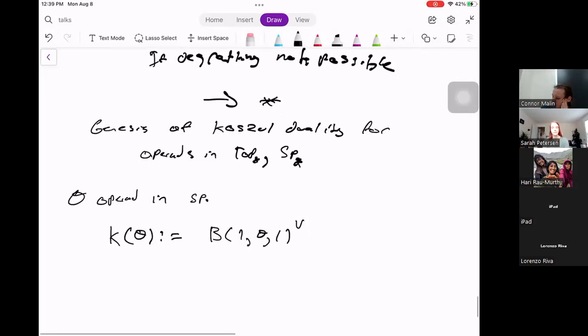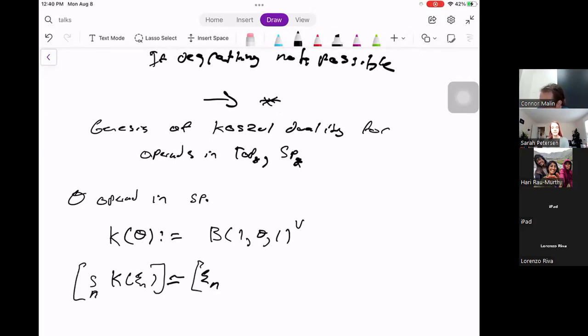Okay, and so to recall what we want to prove, we want to prove that the Koszul dual of E_n after I suspend is equivalent to E_n. Okay, and we want to take this in the category of operads in the homotopy category.